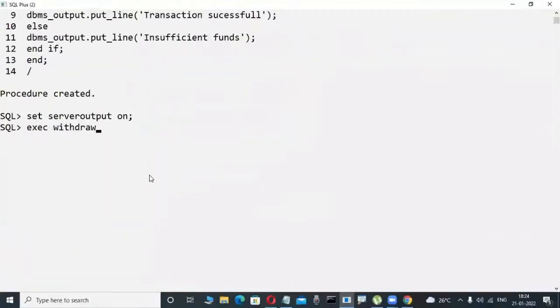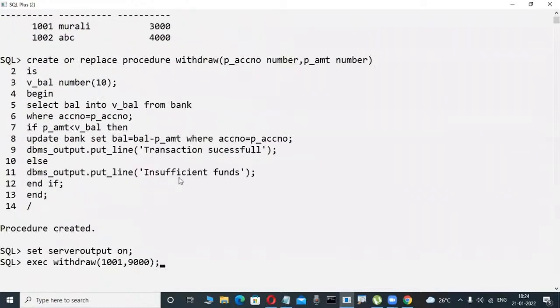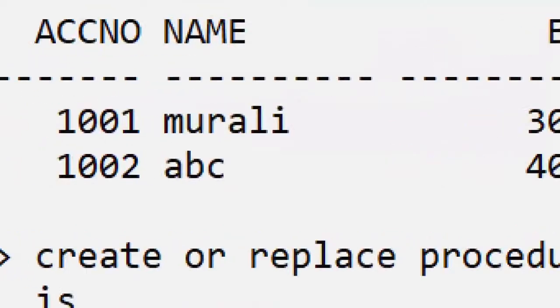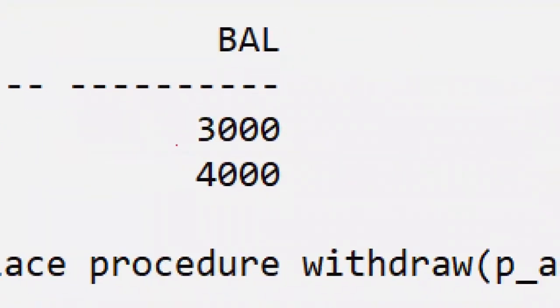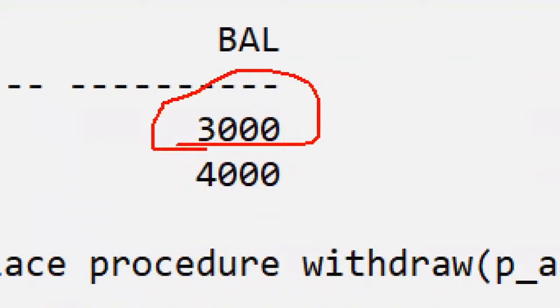Here I'm passing my account number 1001, comma, and I try to withdraw 9,000 rupees, for example. Observe my account number in this table: 1001 is my account number, Murali is my name. My balance is 3,000 in the table, the current balance.